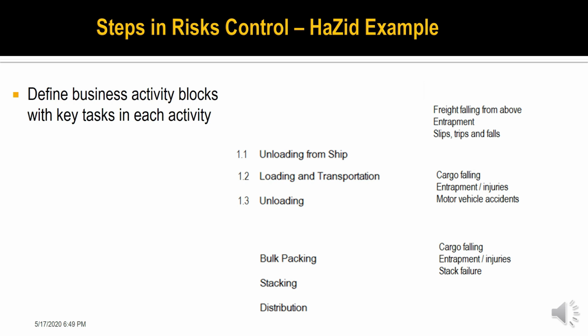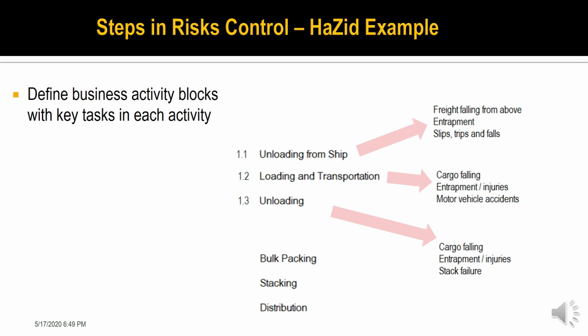Within each task, what kind of risk is available? Unloading from the ship: what are the risks? Freight falling from above, entrapment, slips, trips and falls. Loading and transportation: the risk of cargo falling, entrapment, injuries, motor vehicle accidents; during unloading, cargo falling, entrapment, injuries, stack failures. So these are the places where things will go wrong.